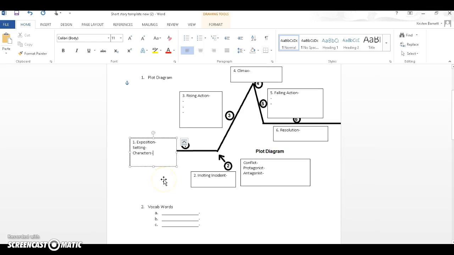Now we'll learn about all of these things, but the setting is not just the place where the story takes place. The setting also encompasses the time period, the atmosphere, the geographical information, the time of year. It's more nuanced than just the place.